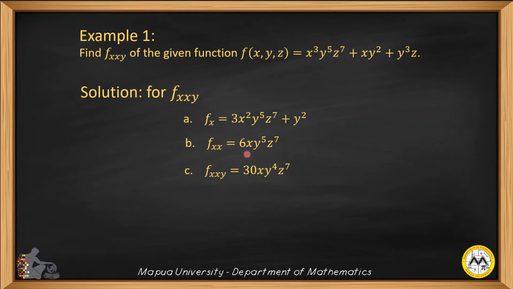So we'll have 6xz^7 as a constant factor, and then we multiply that with the derivative of y^5 with respect to y, which is equal to 5y^4. So that based on this, the third order partial derivative of f done twice with respect to x, then with respect to y would be given by 30xy^4z^7.